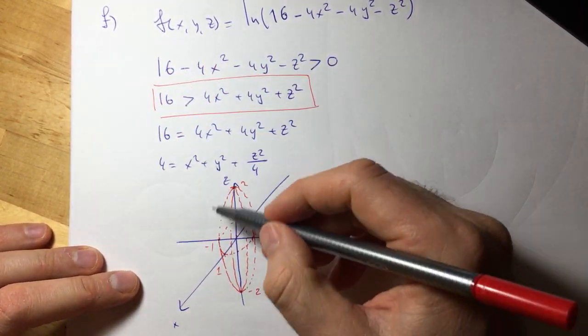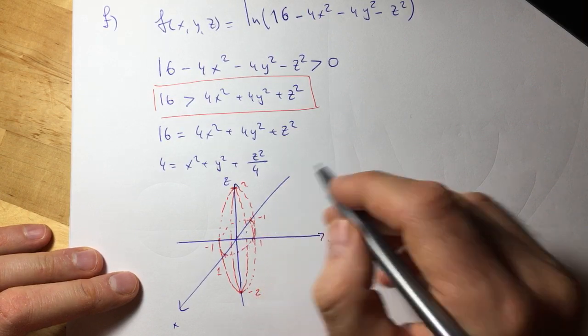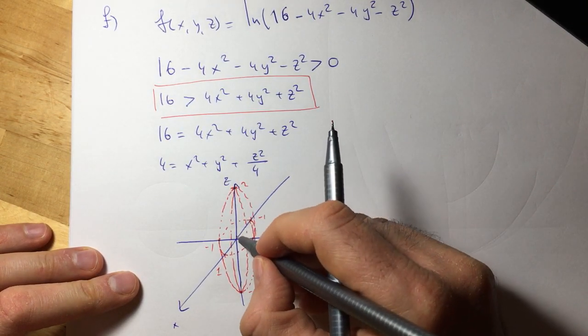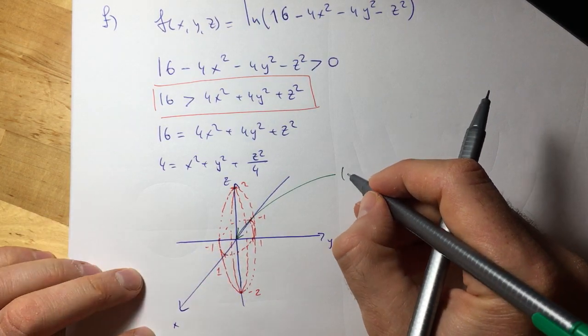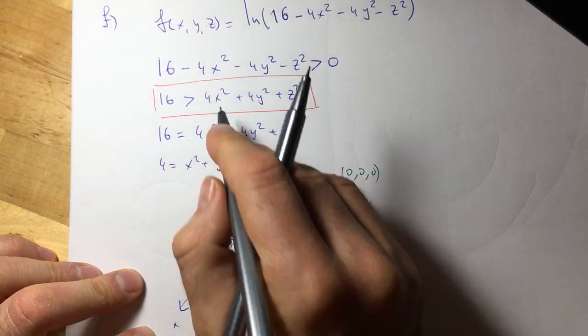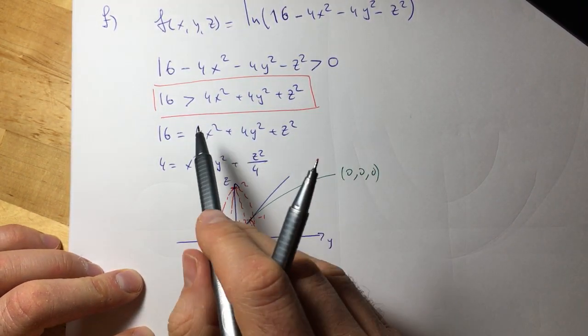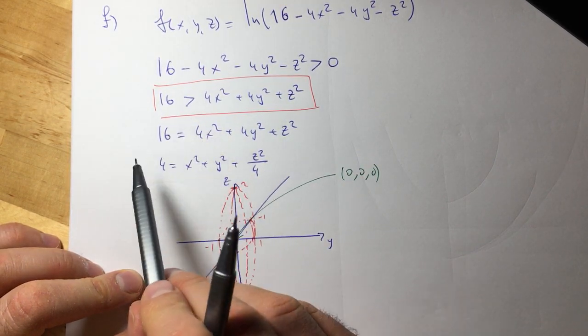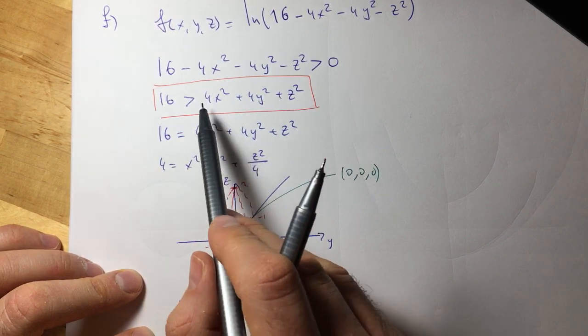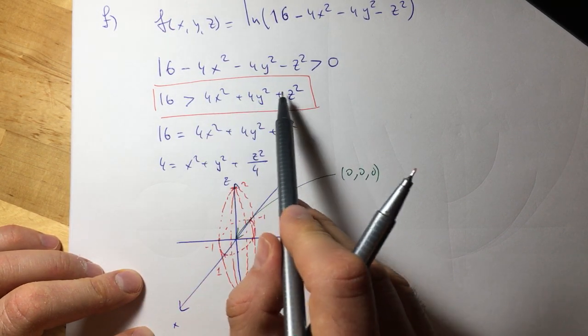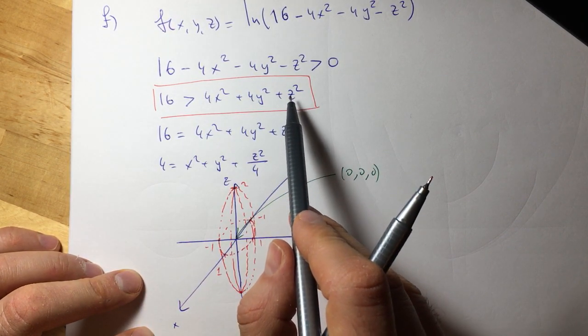Now look at this. This ellipsoid doesn't pass through the origin. So I can easily check whether the origin satisfies this inequality. So 16 is definitely greater than 0, right?